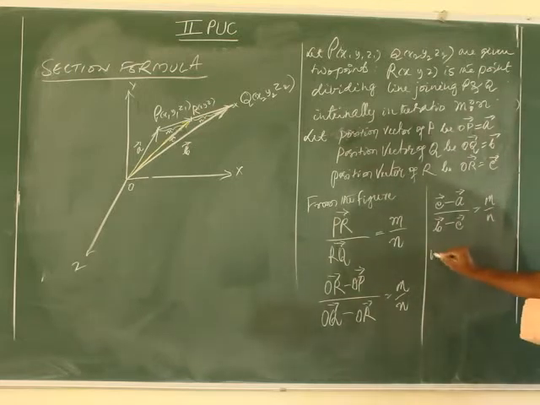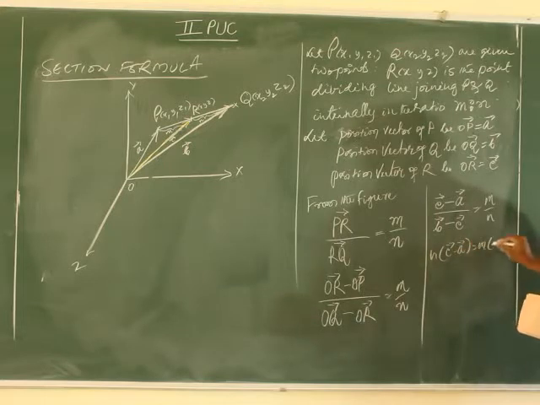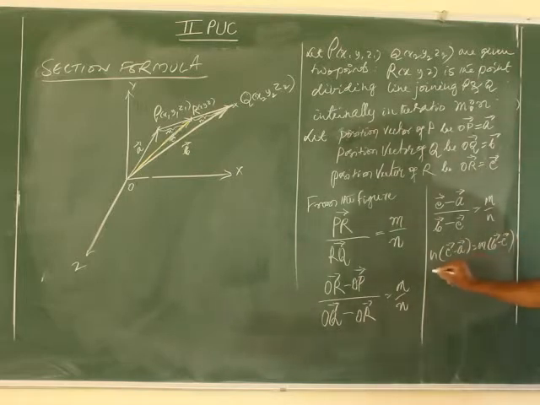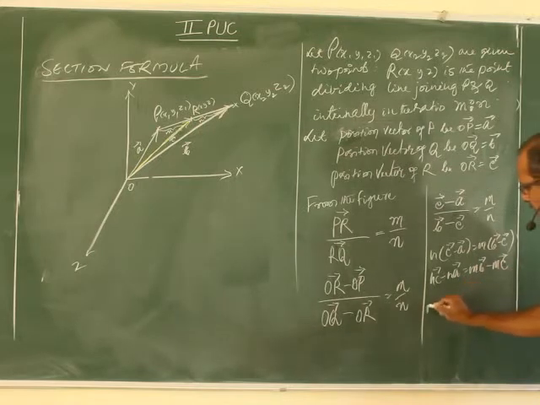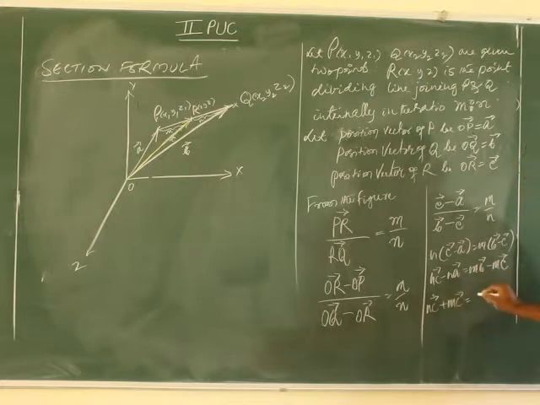Or n into (C minus A) equals m into (B minus C). nC minus nA equals mB minus mC. Collect the vector C together: nC plus mC equals mB plus nA.